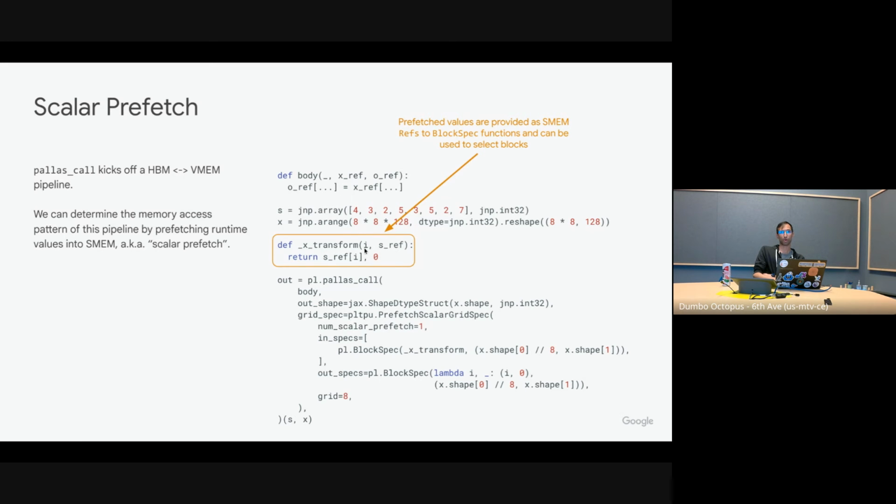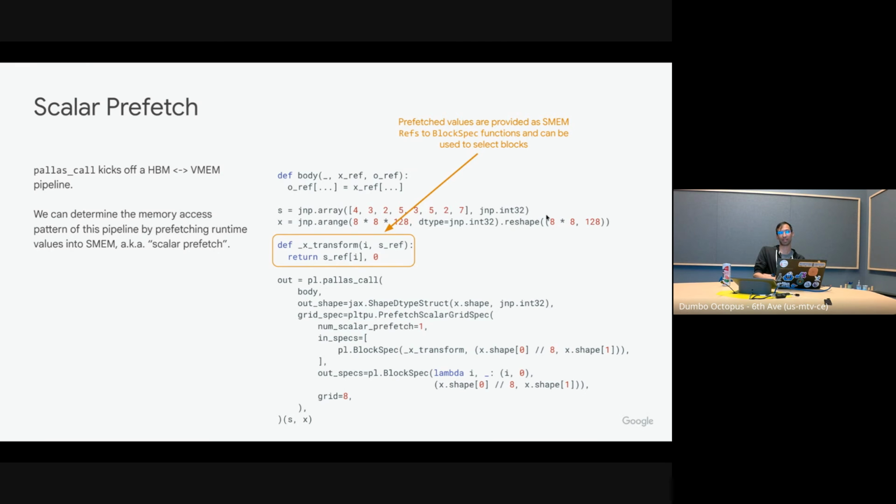So you can see here that before, when we would just return ij or jk, we're actually doing an SMEM load operation into an sreg, and that scalar is used to tell the pipeline which block it's fetching. In this example, I have a bunch of individual random values in this array, and I have this 64 by 128 array that I'm carving up into 8 by 128 blocks. And this S will tell us which blocks are fetched, kind of randomly, from this array.